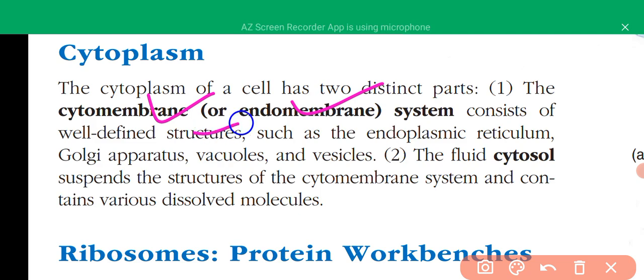It contains well-defined structures like endoplasmic reticulum, Golgi apparatus, vacuoles, and vesicles. The second part is the cytosol, the aqueous part of the cell in which these endomembrane systems are suspended, and it is composed of various chemical and dissolved substances.